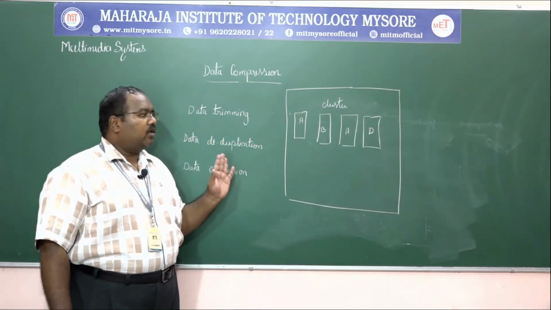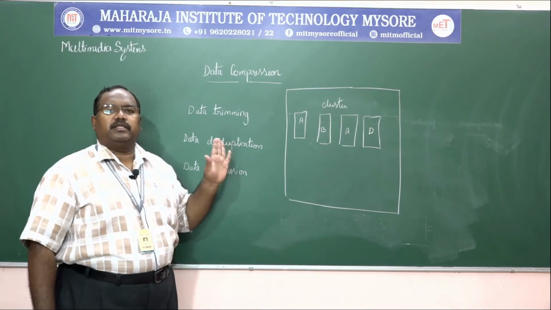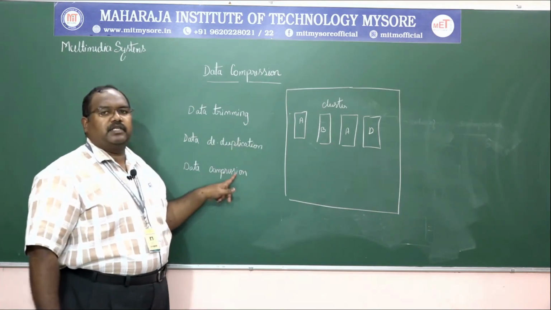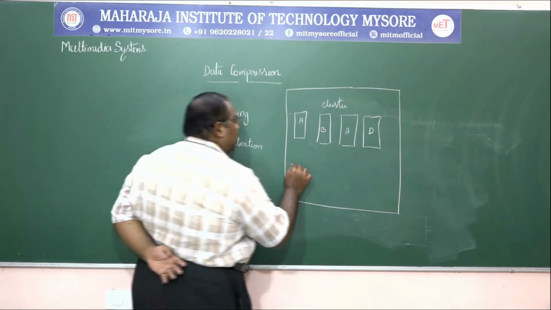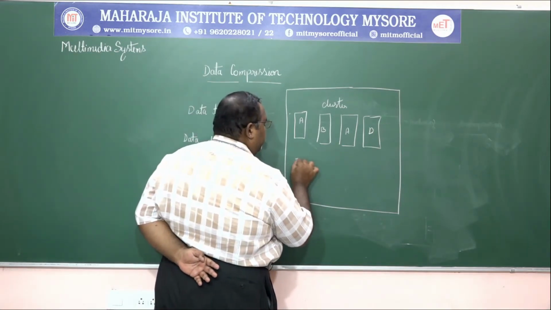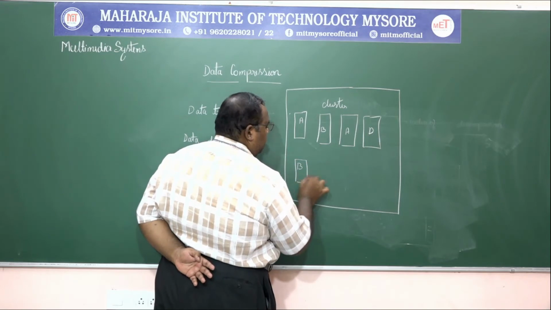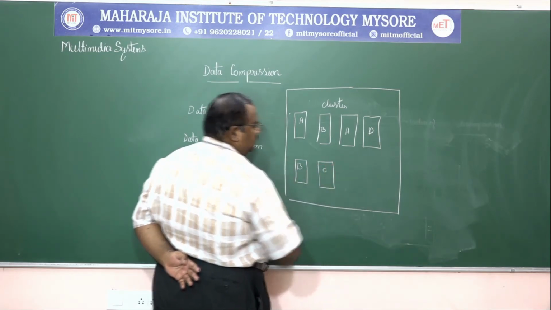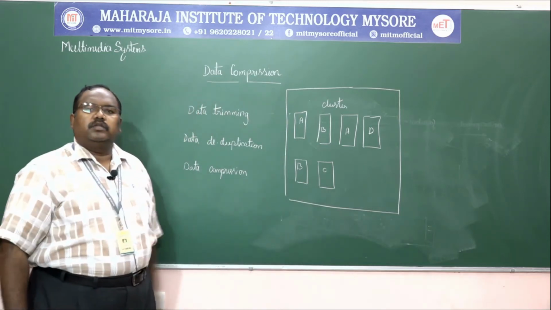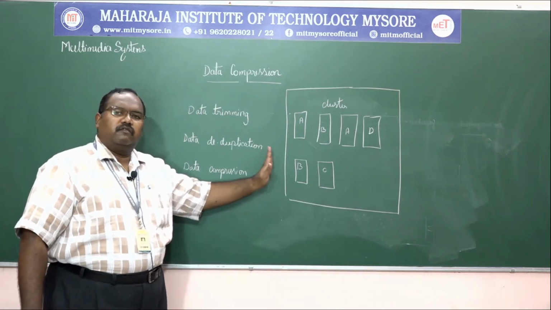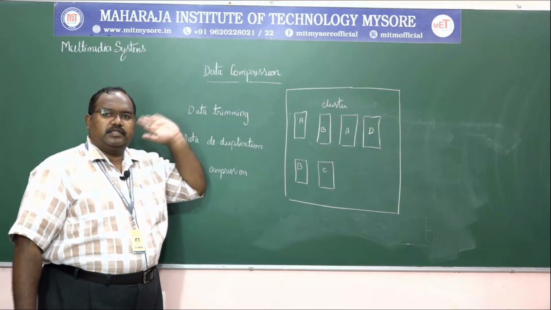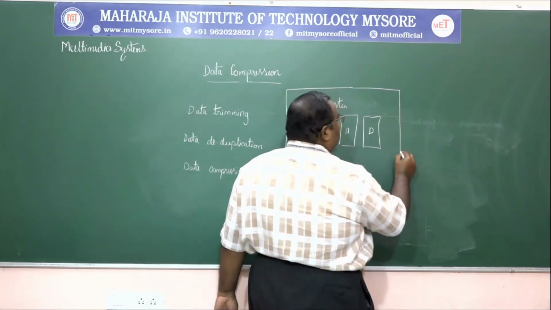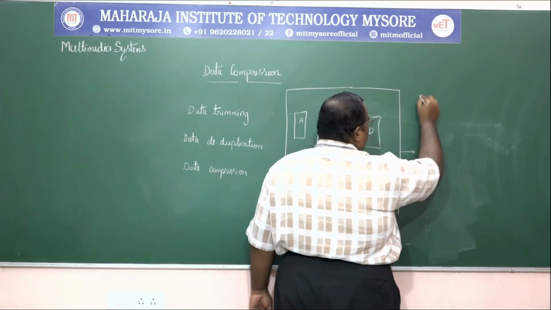Here look at this. We are not concentrating on any replication or duplication concept. Here we are talking about compression. So next I have one more file B and I have a file called C. So this is an initial input cluster. So the next process that I am supposed to do here is compression.